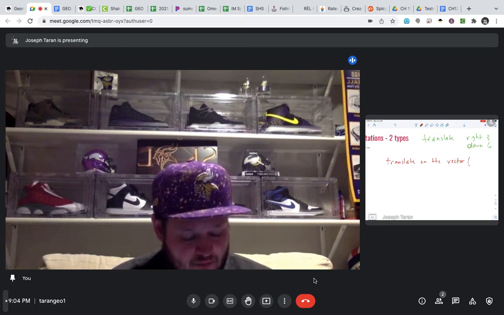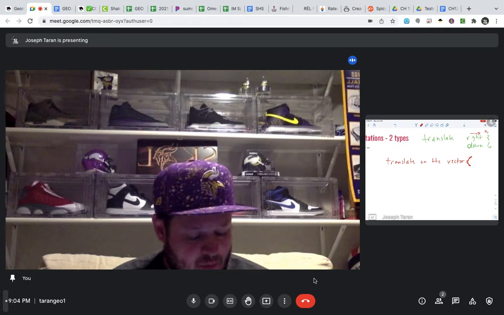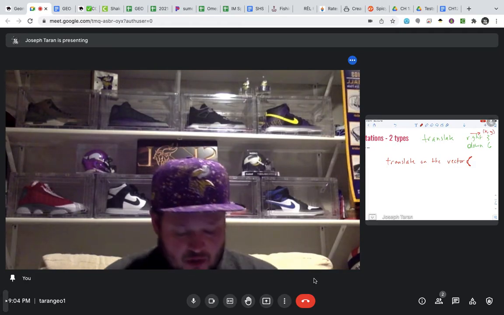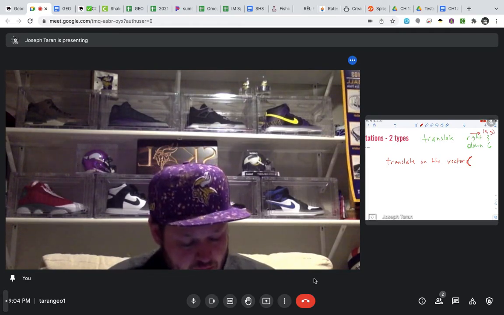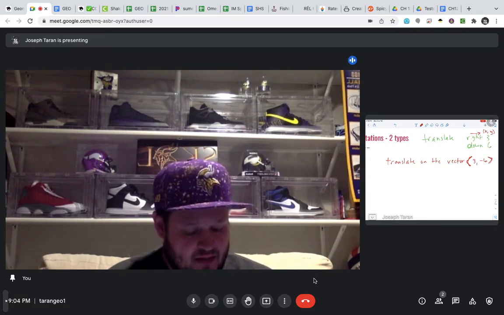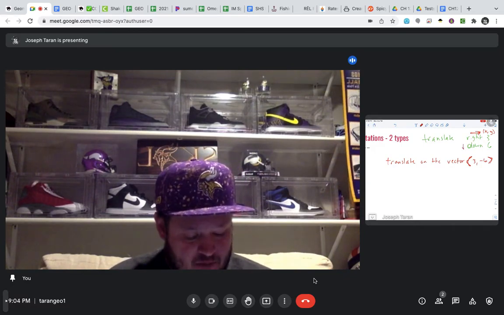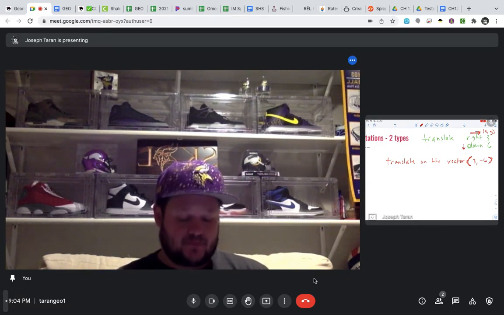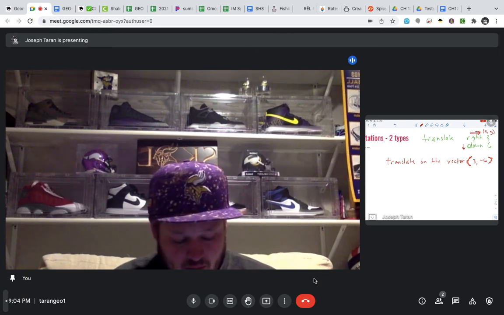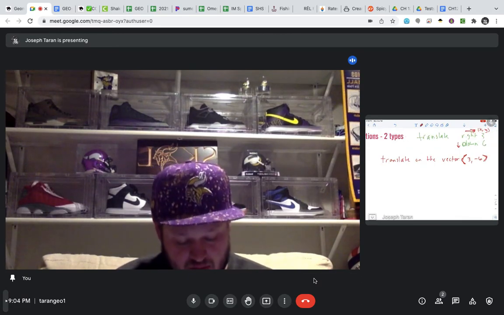Then it'll give you this pointy bracket. Remember it's always x comma y, so it'd be translate on the vector 3, negative 6. What that's saying is we're going to the right 3, so positive 3, and we're going down 6, so minus 6.